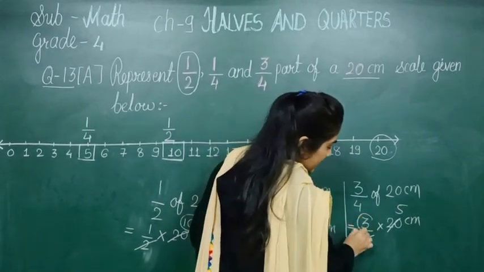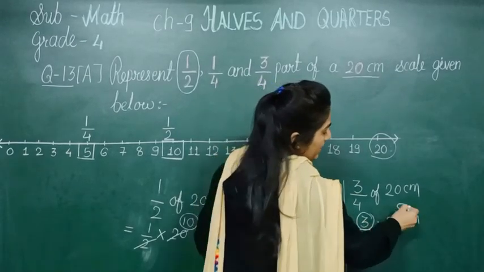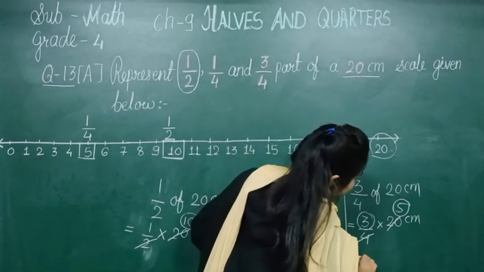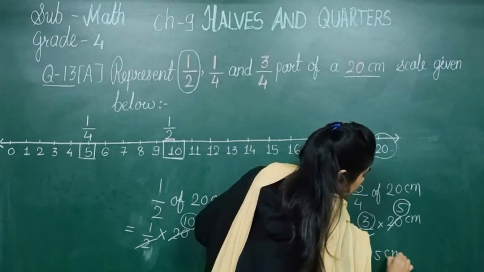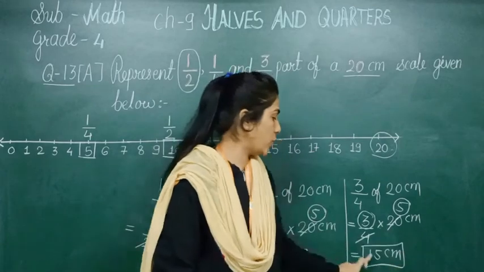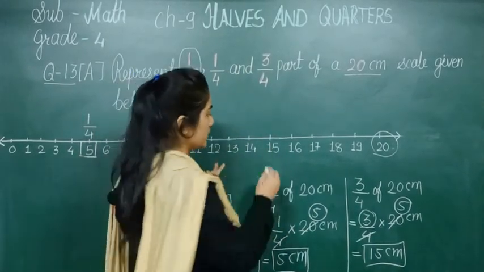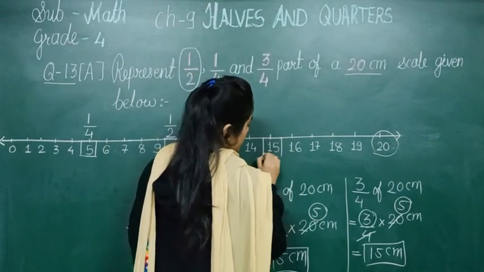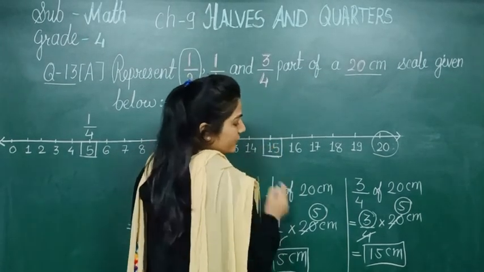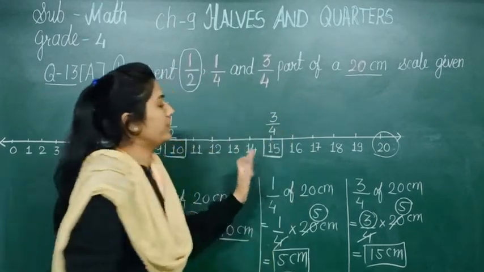See, 3 is still remaining, so we have to do multiplication. 3 multiply 5, so 3 5s are 15 centimeters. So 3 upon 4 we have to show at 15 centimeters on the scale, where 15 is given here. So above the 15 we show this 3 upon 4 part of the fraction.